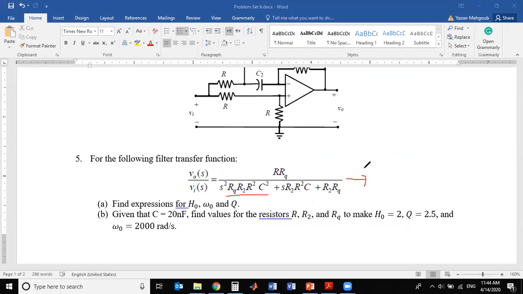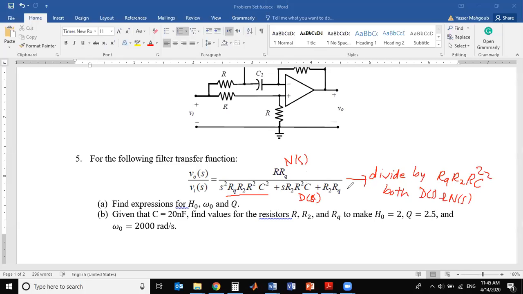We have to divide by the coefficient of S squared. Exactly. Divide by RQ, R2, R square, C square, both sides, the numerator and denominator of S. So we call this the numerator of S, and we call this the denominator of S.